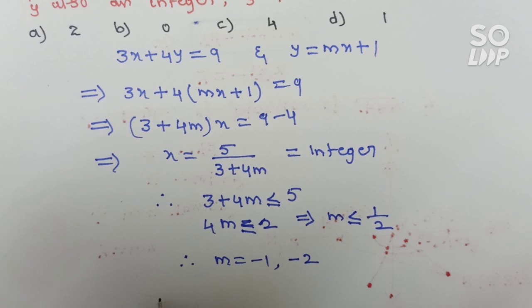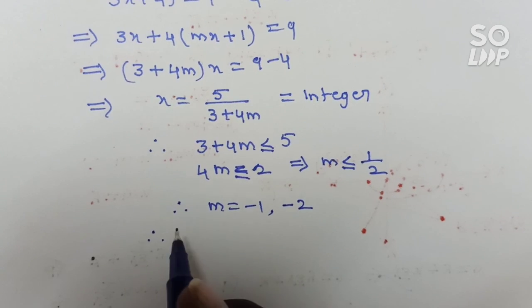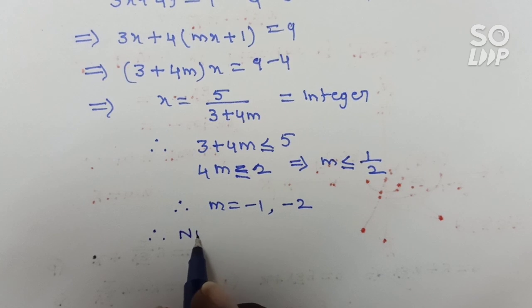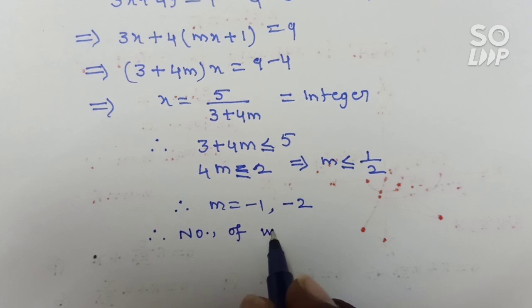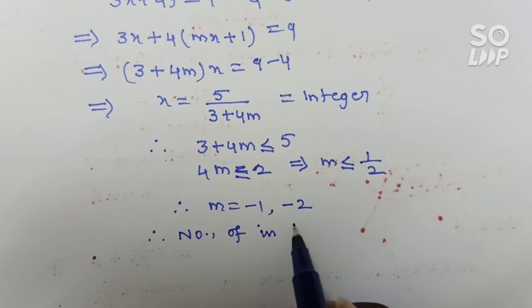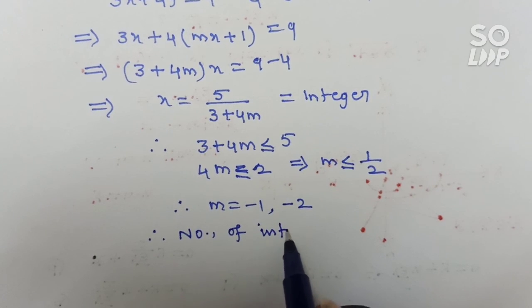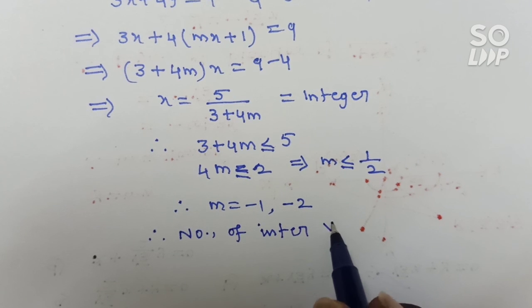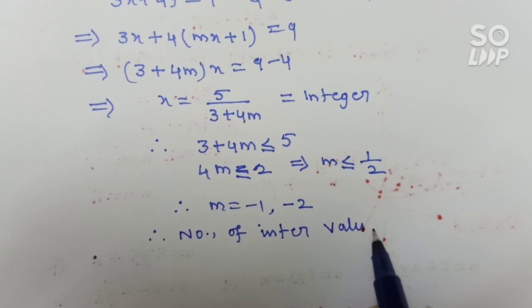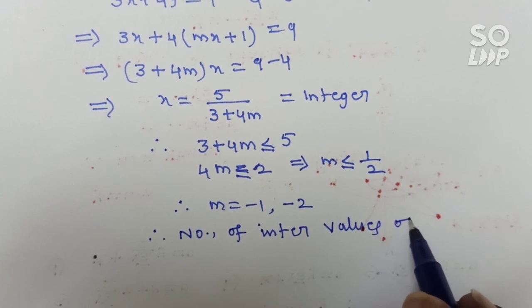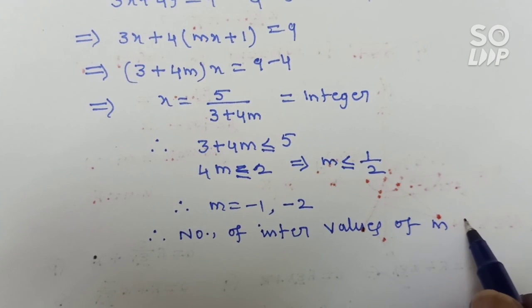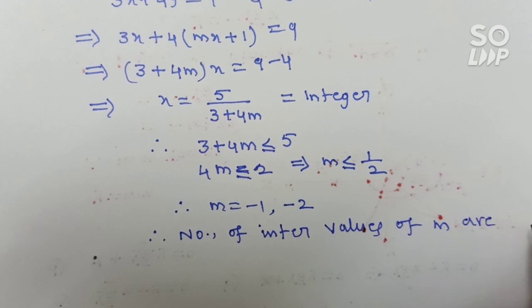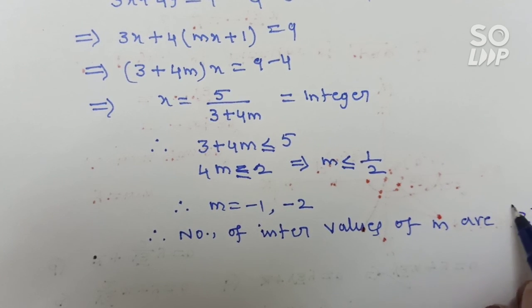Therefore, the number of integer values of m is 2.